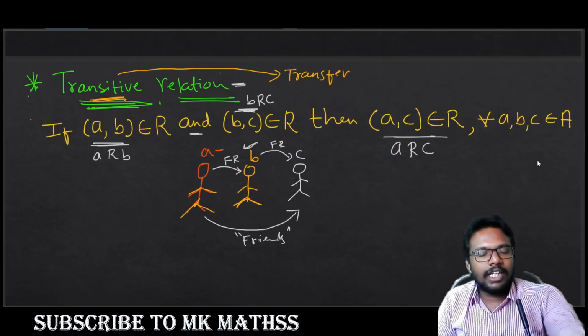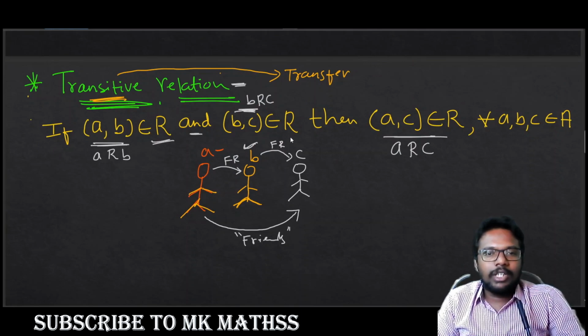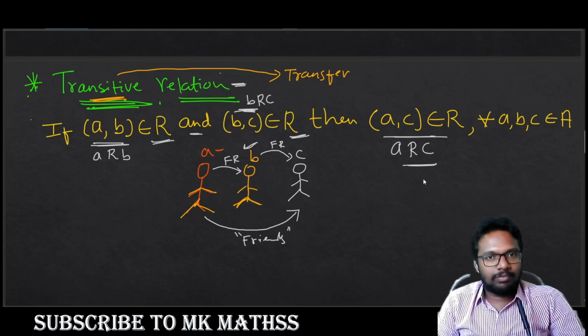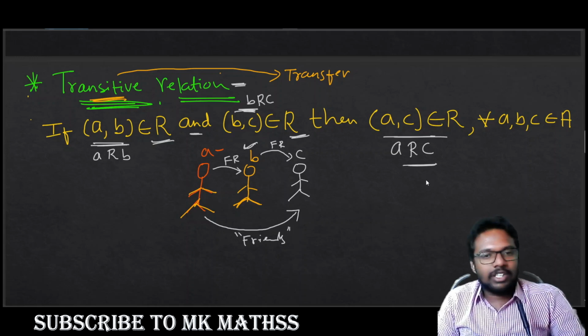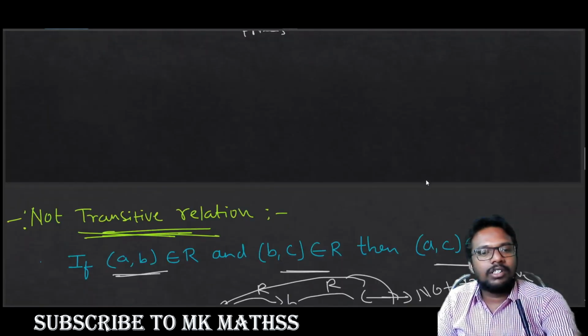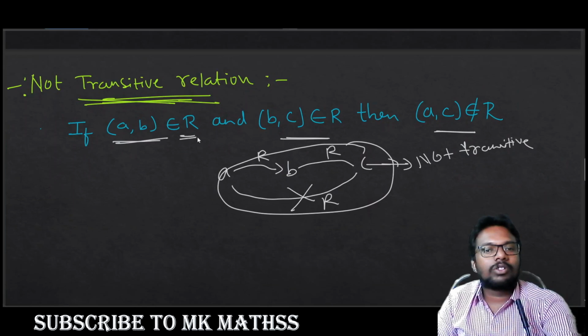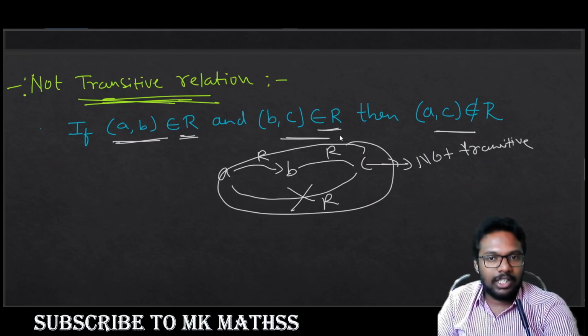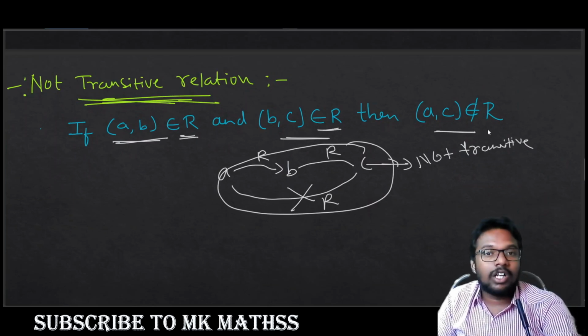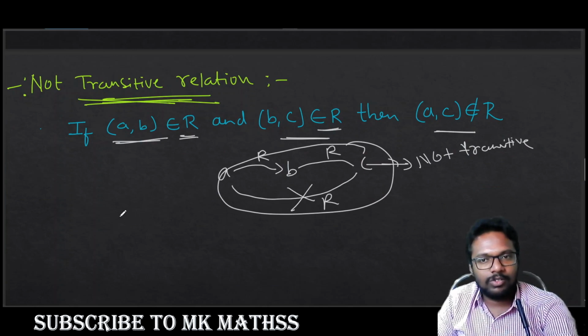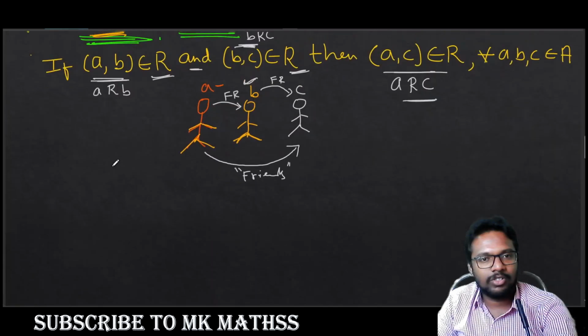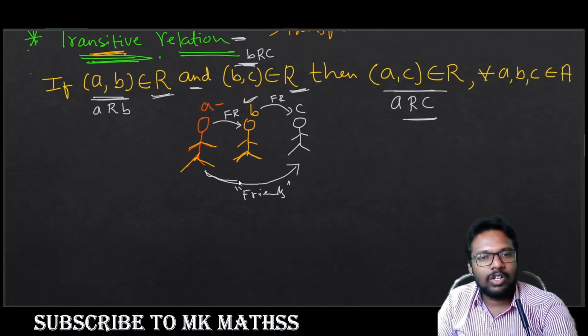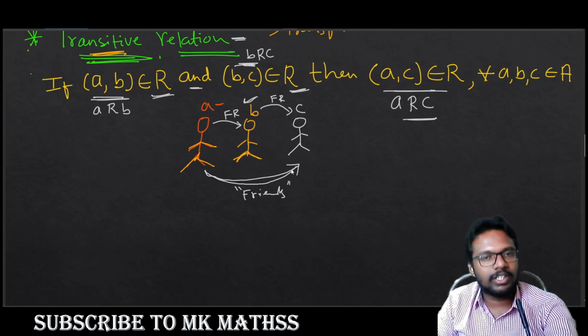So transitive means (A, B) belongs to R and (B, C) belongs to R, then (A, C) belongs to R. So this is a transitive relation. Not transitive means (A, B) belongs to R and (B, C) belongs to R, then (A, C) does not belong to R. In the previous example we have discussed, if A is not a friend to C it is not a transitive relation.